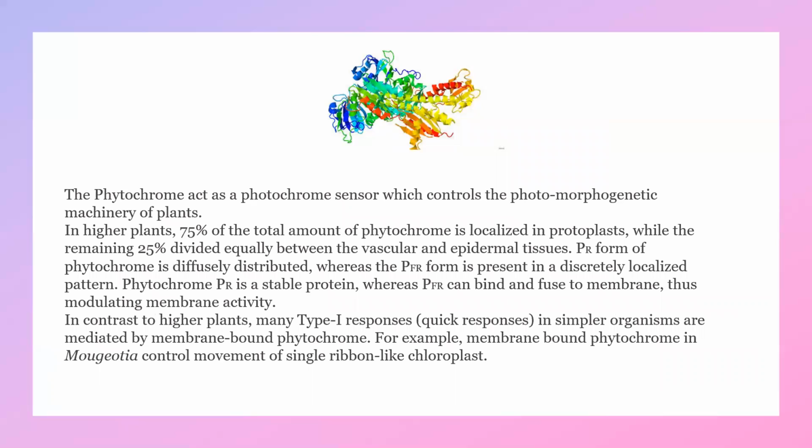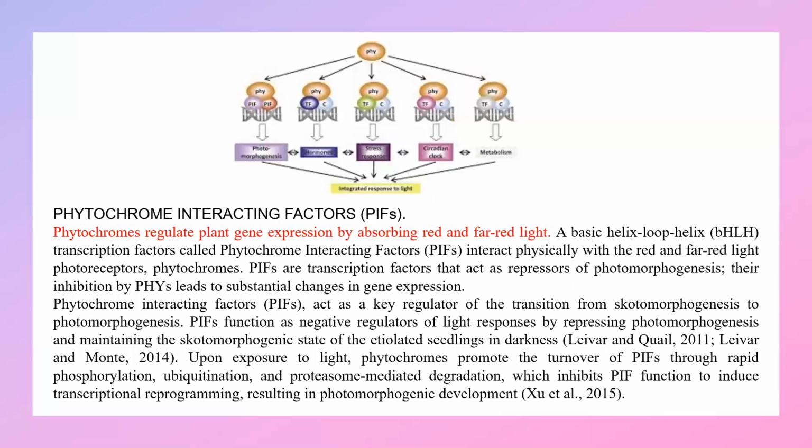Phytochrome PR is a stable protein, whereas PFR can bind and fuse to membrane, thus modulating the activity of membrane. In contrast to higher plants, type 1 responses in simple organisms are mediated by membrane-bound phytochrome. For example, movement of chloroplast in Mougeotia is a membrane-bound phytochrome response.